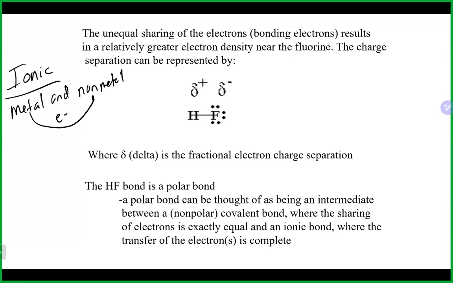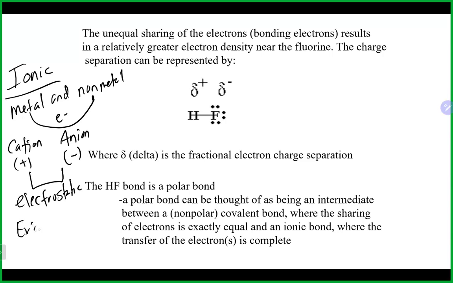The result is we will have a cation, which is positively charged, attracted to an anion, which is negatively charged. It is that electrostatic attraction. An example is sodium chloride. Sodium's a metal, chlorine's a non-metal. Sodium's going to give up its electron to the chlorine. Sodium will become positive one charge, chlorine will become negative one charge. And again, no sharing of electrons happening here.